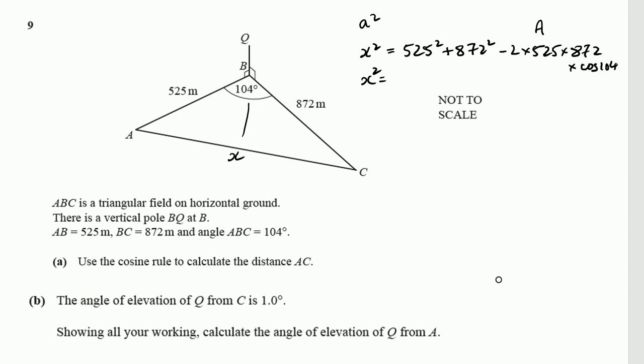So 525 squared plus 872 squared minus 2 times 525 times 872 times cos 104 is giving me x squared, which is a very great big horrible number, 1257512 point stuff. So I'm going to hit the square root key over here and cut that down to size.